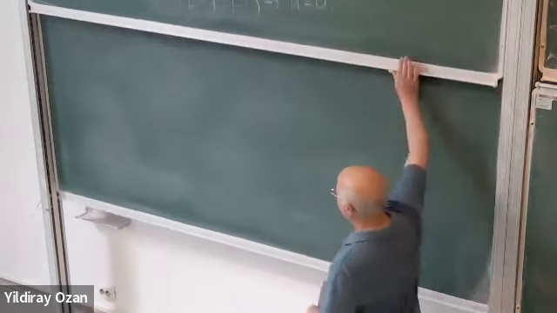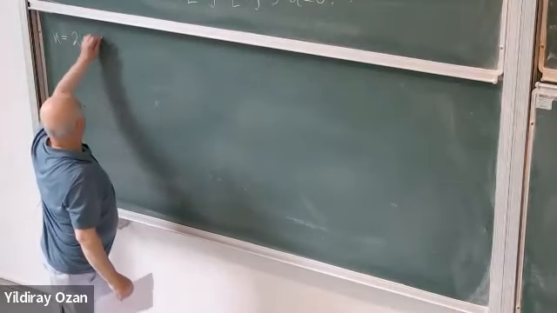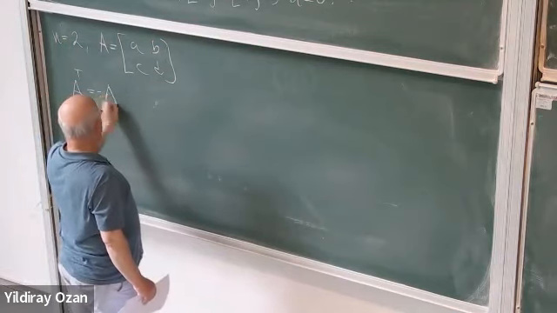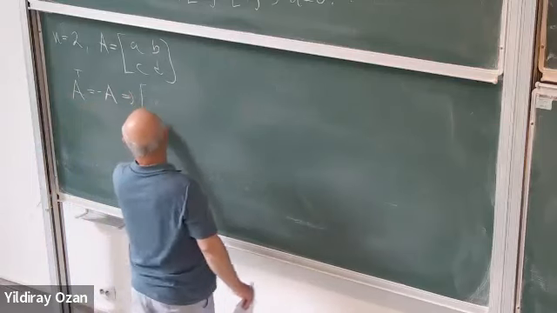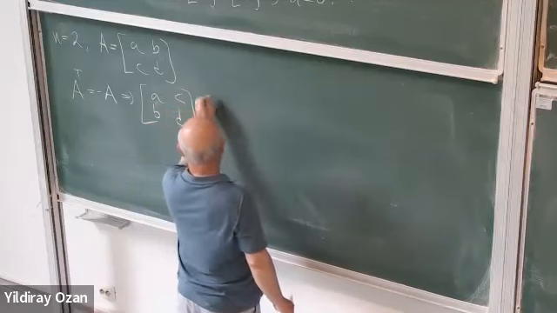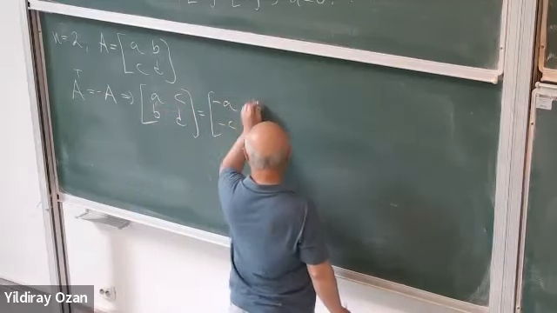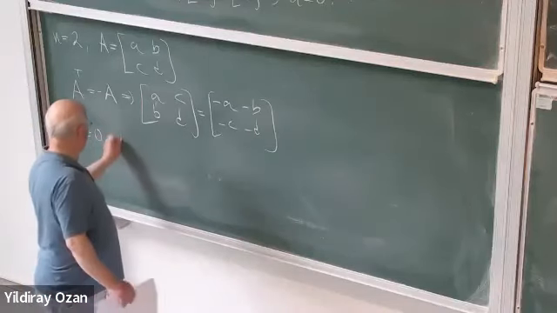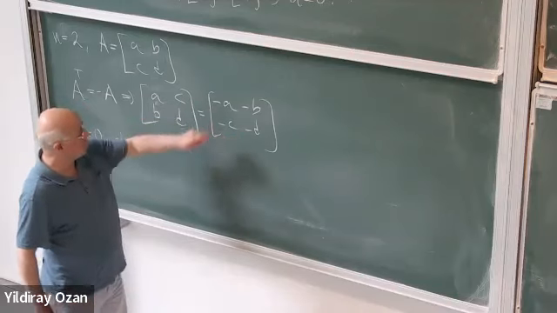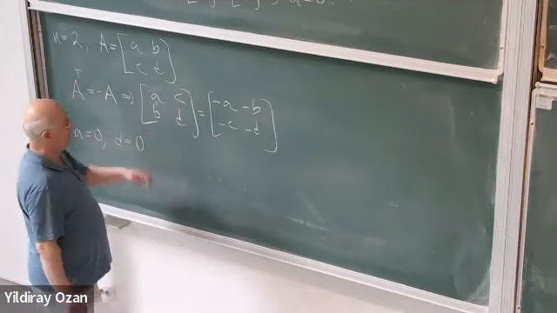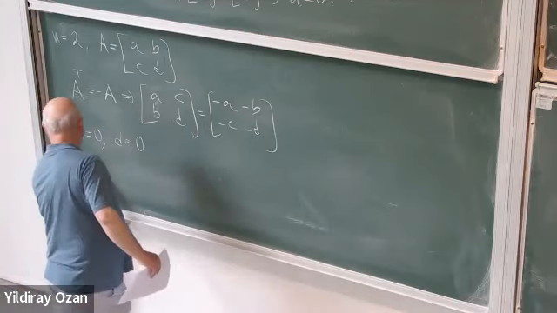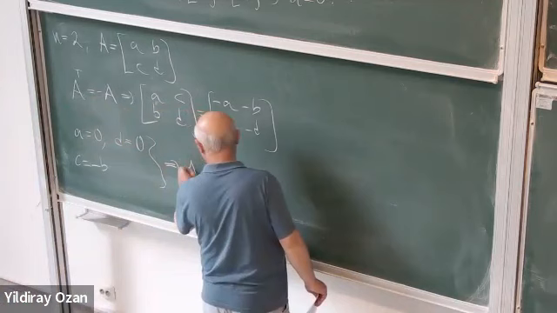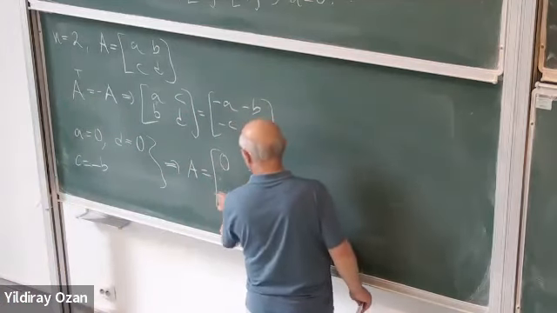What about 2 by 2? If A is 2 by 2, let's say A is something like this: A, B, C, D. Then the equation A transpose is equal to minus A gives us A, C, B, D equals minus A, minus B, minus C, minus D. From this, you see that A should be 0 and D should be 0, because A is equal to minus A. And B is minus C. So this implies that A should be something like this: 0, B, minus B, and 0.